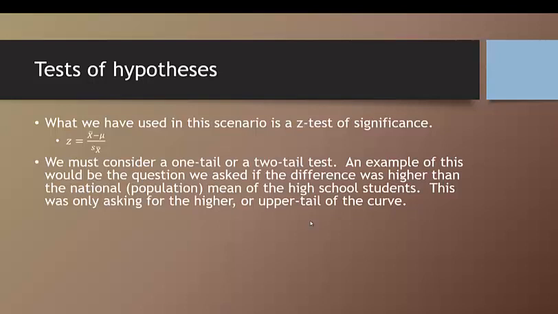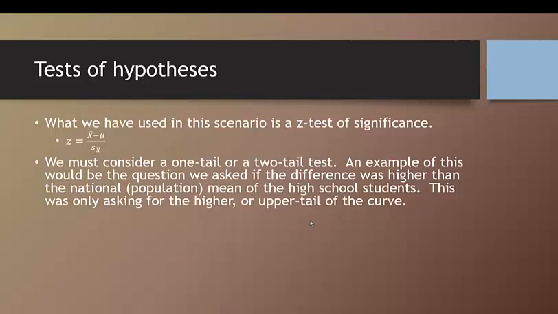So while you did that, in actuality, we have what are called one-tailed and two-tailed tests. An example of this would be the question we asked if the difference was higher than the national mean. Okay. When we specify that the difference is higher, then we're looking to see if our students scored higher on the curve. It would be to the right, far enough to be significant.